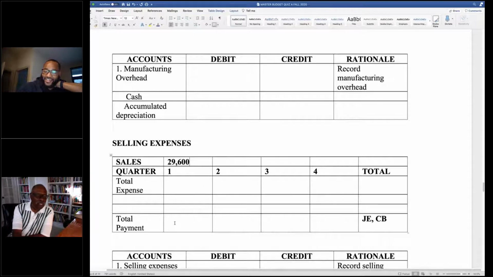So you put it on this line right here, Dash. How much is the salesman gonna get? 2,960. Okay, that's all it is. Put 2,960. So just for my formula's sake, we are doing the sales times the 10%.